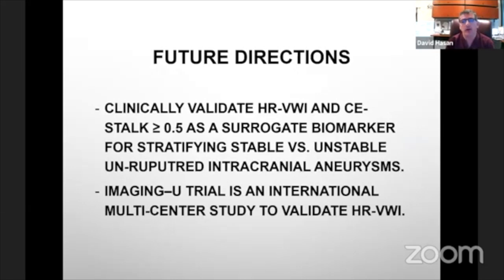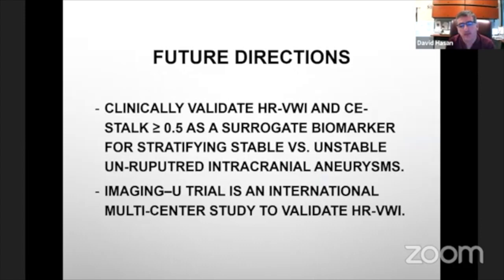We want to use the CSTOCK ratio cutoff, which is greater than 0.5, as a surrogate biomarker for stability. Again, the enhancement is a biomarker of low wall shear stress, and low wall shear stress is a biomarker for inflammation. Therefore, vessel wall imaging is a surrogate biomarker for inflammation and instability.